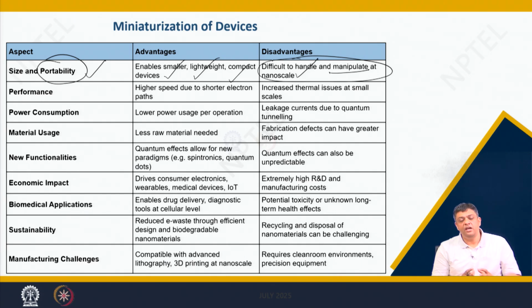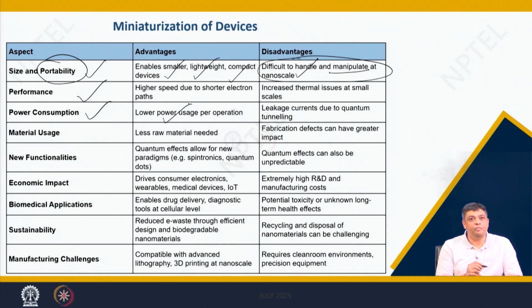If you understand the chemistry of these nanomaterials, you can make a large number of nanomaterials. If you understand some of the fabrication techniques, for example lithography, it is not a difficult technique to expertise. Yes, but you have to have the knowledge and expertise. Similarly, you can tune the performance. If you miniaturize these devices, what will happen?